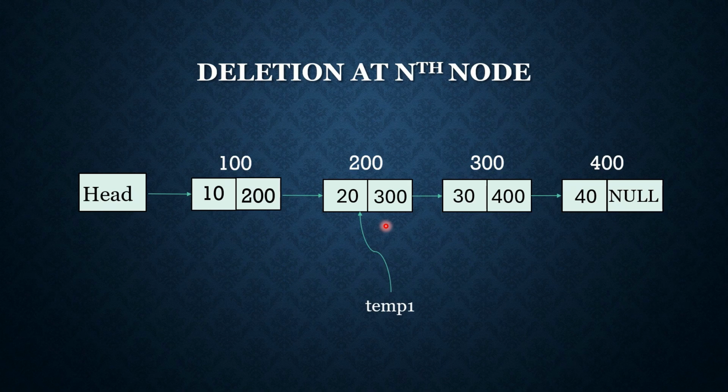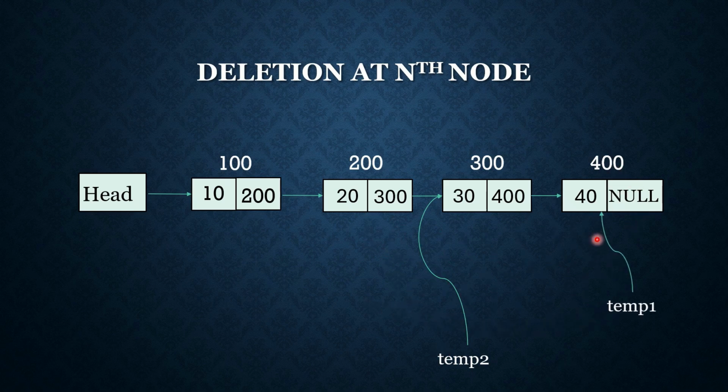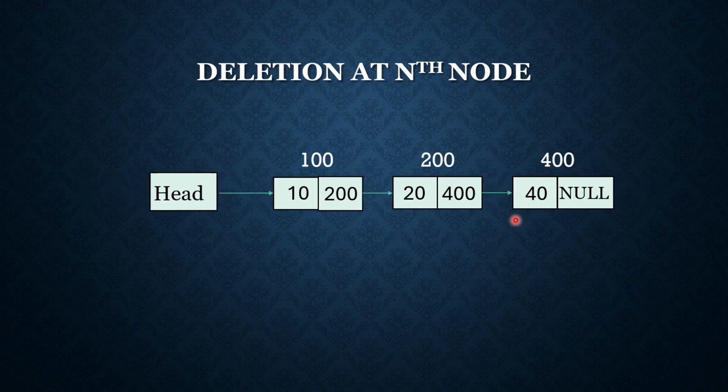Now I create a temp2 pointer which is pointing to temp1 of next. So temp2 points here. Later on I move temp1 to temp2 of next. Right now temp2 is pointing to this, so I move temp1 to temp2 of next, which is this. Then I free temp2, so I basically delete this. This is how it looks after deletion.